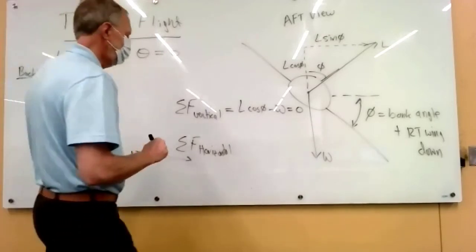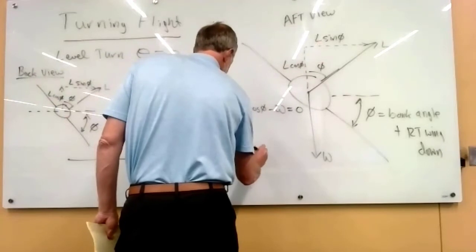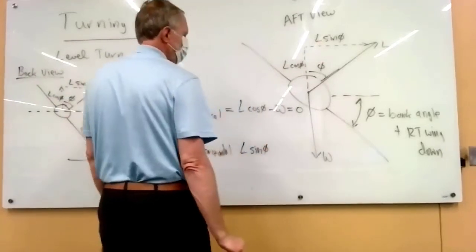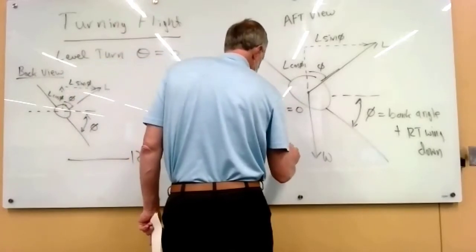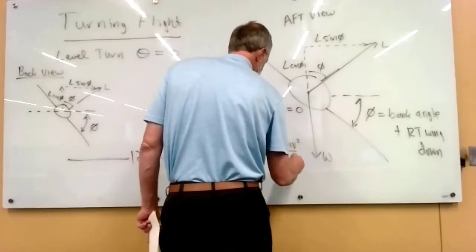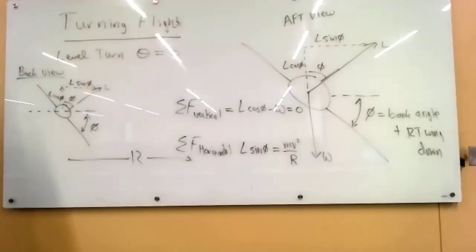And then the sum of the forces horizontal, we got L sine phi. And that has to balance the centripetal force needed to do the circular path with the centripetal acceleration.